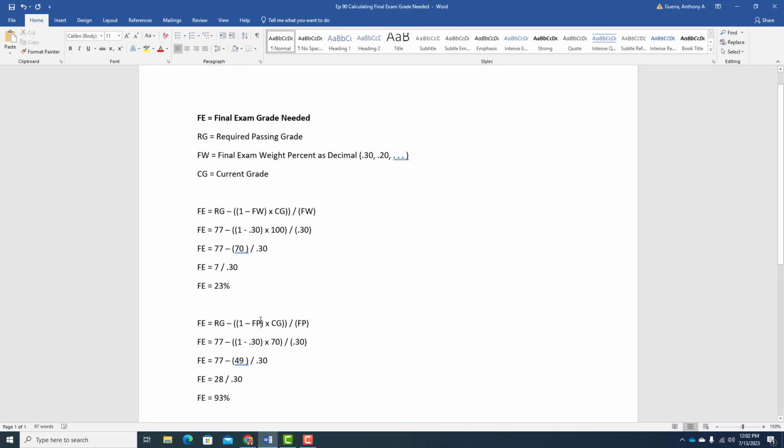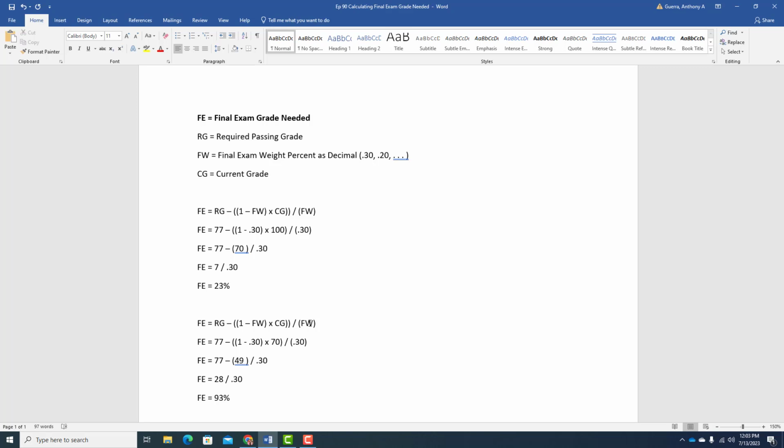So the final exam weight of 30% is going to be a 0.3, and that gives us 0.7. And then we multiply times the current grade, and we're just saying you have a C minus, 70. And then we end up with 49 over 0.3, our final exam weight. So total, you would need 28 out of 0.3, or a 93% to get a 77.